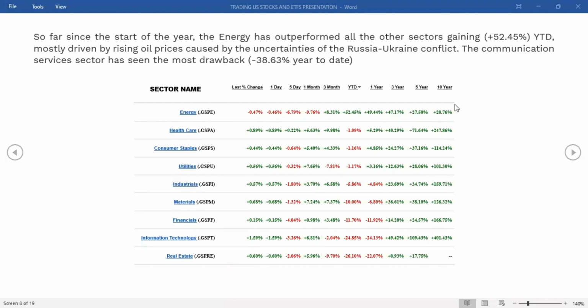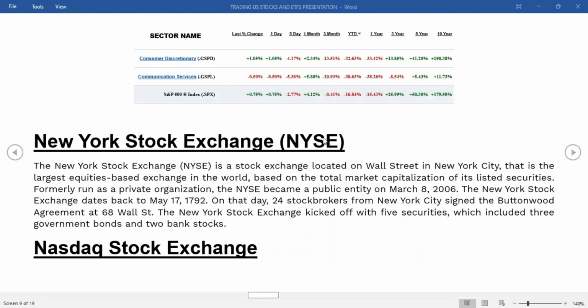Like healthcare has a -1, consumer staples -1.16, utilities -1.17, industrial -5.86. But in the long run, all these sectors have positive returns. And looking at the table, I think the sector that has had the most return in 10 years should be the healthcare sector. Yeah, it's the healthcare sector.